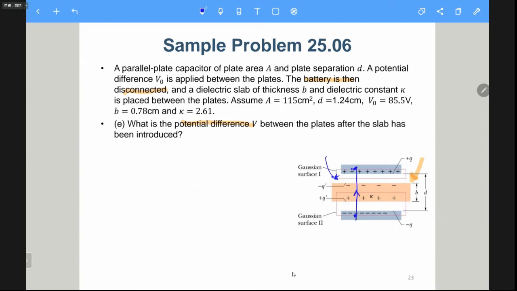If you still remember, the potential difference V between the parallel plates will be the integration from negative to positive of E ds. ds is pointing upward, E is pointing downward.